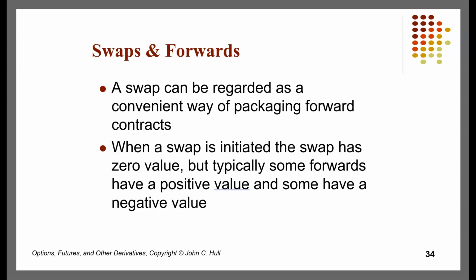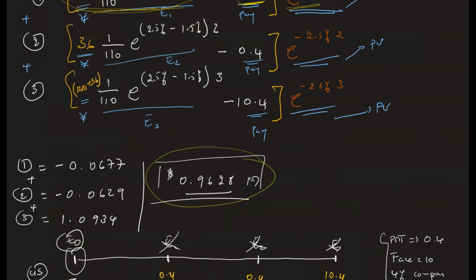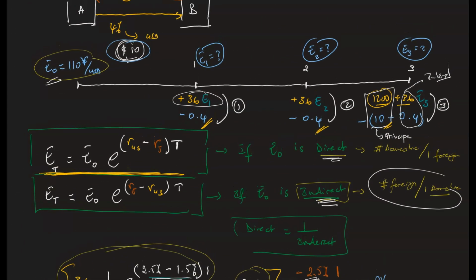We also talked about the difference between swaps and forwards. We said that a swap can be regarded as a package or a portfolio of forwards. And when the swap is initiated, the swap has a zero value. But typically for some forward contracts, you're going to have those that have positive or negative values. So what this means is, if we go back to our cash flow stream here, each one of these packages could be looked at as a forward agreement, right?